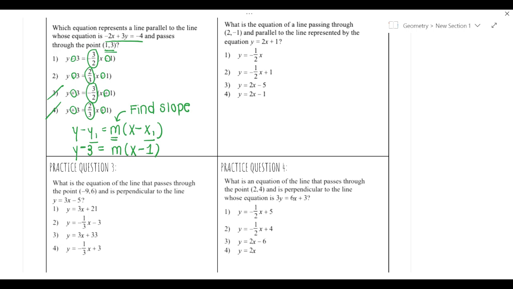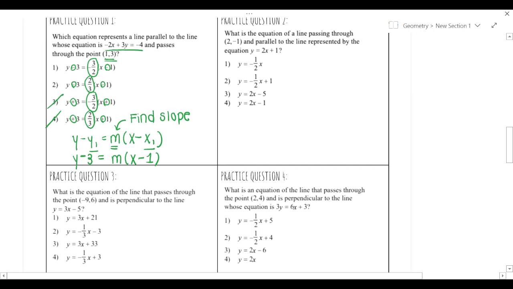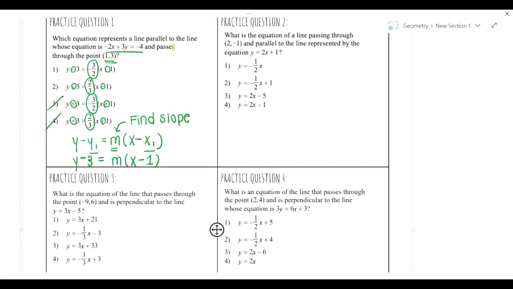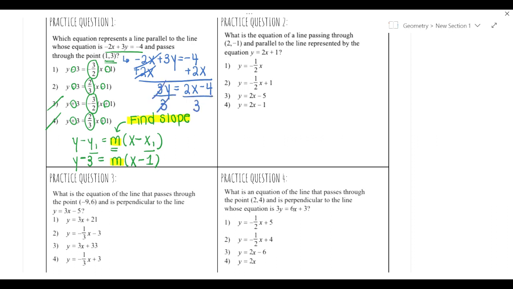Between options 1 and 2, I am now going to find my slope, m. In order to find that slope, I'm going to have to solve for y. So let me rewrite that, and I'm going to add 2x on both sides. Now I have 3y = 2x - 4, and I'm going to divide every term by 3.